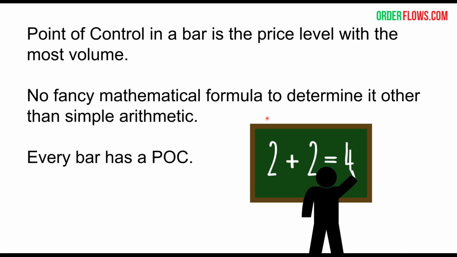You're looking at the volume that was traded on the bid at a price, the volume traded on the offer at that same price. And if that price level has the most volume in your bar, whether you're using a minute-based bar or volume-based or tick-based, whatever way you're forming your bar, there's always going to be one price level with the most volume, and that is your point of control, right?